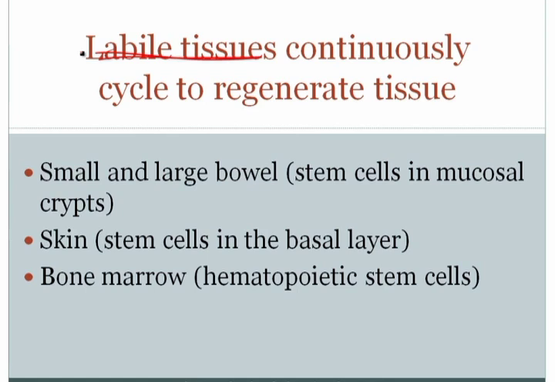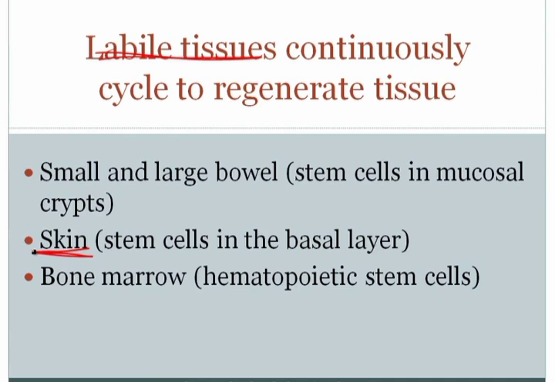So for example, let's just take the skin. If you were to get a paper cut and you were to look for the paper cut 2 years later, you wouldn't be able to find it. In fact, you wouldn't be able to find it a couple days later. You wouldn't even remember it a week later. That's because you basically knock out the superficial layer of the epithelium, but you have stem cells, called basal cells, which have the ability to regenerate the tissue completely.